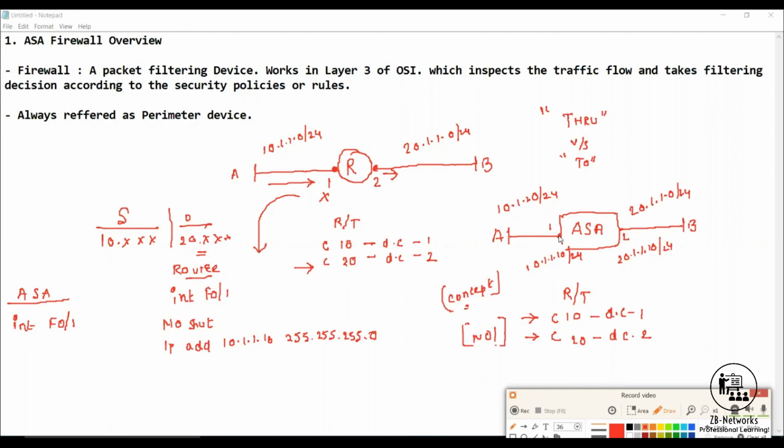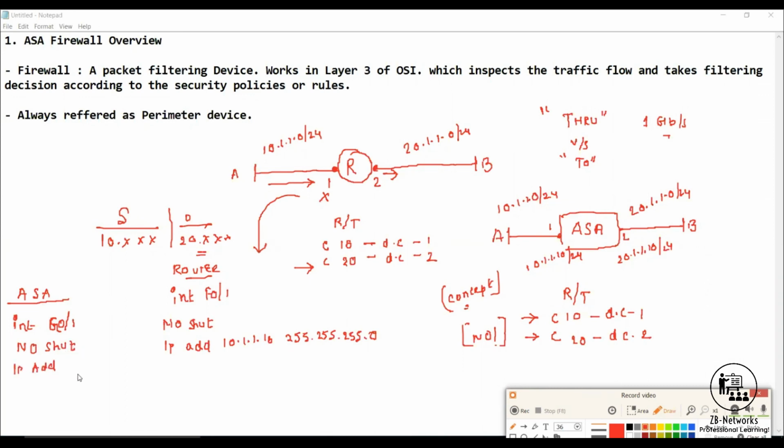All the firewall interfaces by default support at least 1 Gbps. So they are all 1 gig interfaces. You will not have F here, you'll have gig ports. Say G0/1. Then you say no shut, activate the port. You give an IP address as per the requirement.